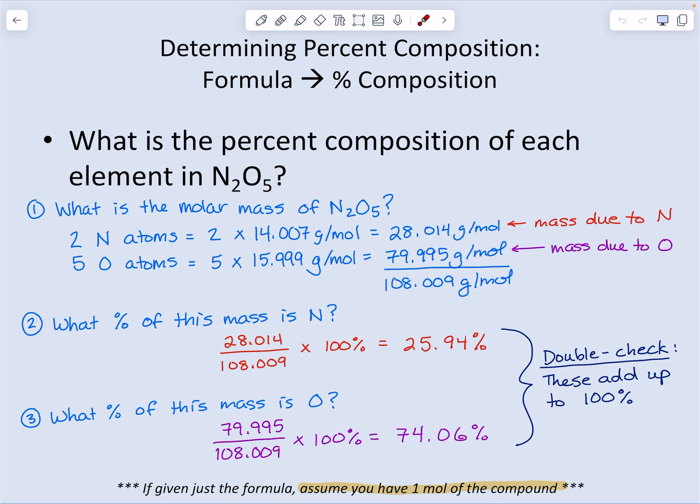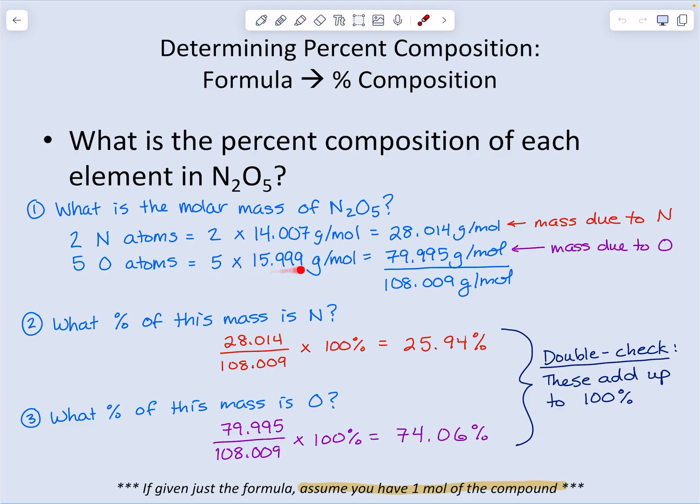In this compound, we have 2 nitrogen atoms at 14.007 grams per mole apiece, and so the mass due to the nitrogen is 28.014 grams per mole.